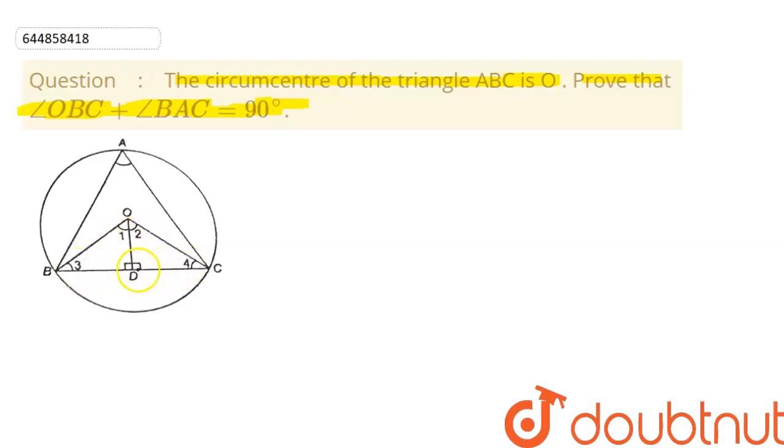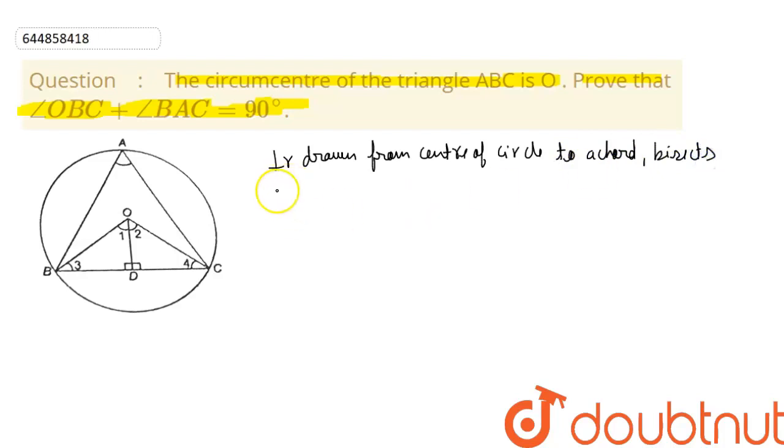Now we are going to use one property of circles. We know that whenever we drop the perpendicular from the center of the circle to any chord, then that perpendicular would bisect the given chord. So here we have the property: the perpendicular drawn from the center of the circle to a chord bisects the given chord.